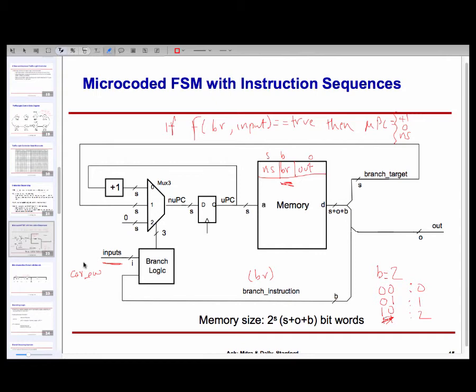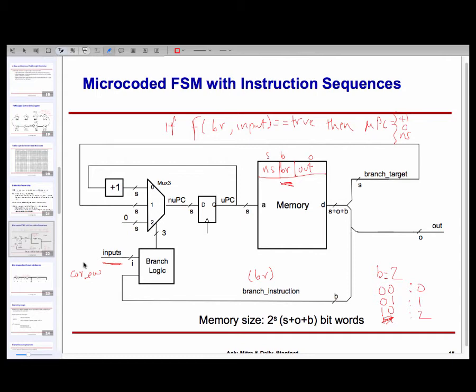Yeah, you might be done. Because you just want the input low to select 0, right? So if car east west is 0, I want to stay put. So I want microprogram counter to retain its current value.